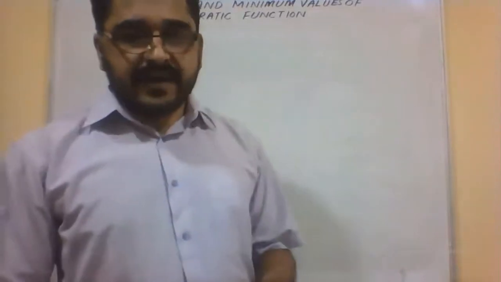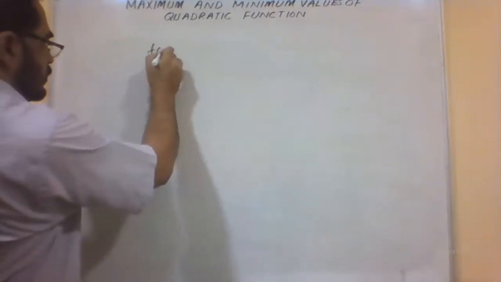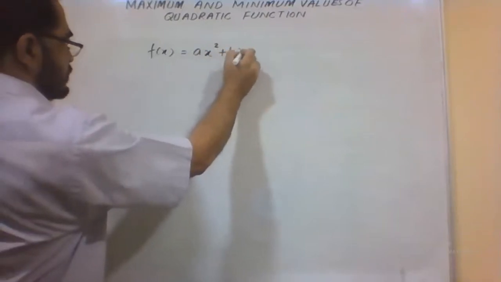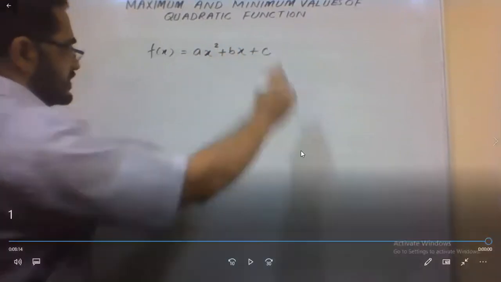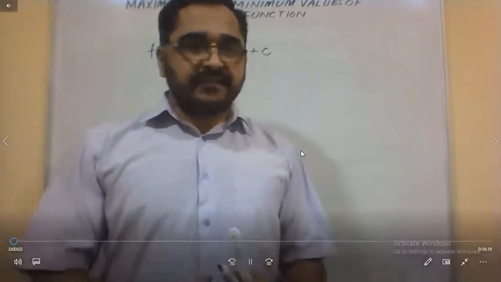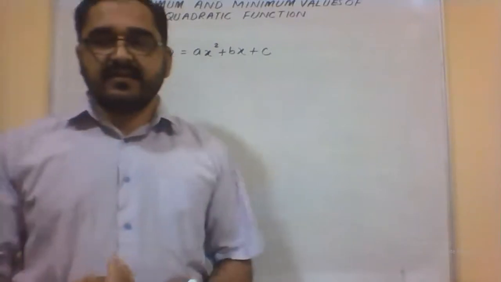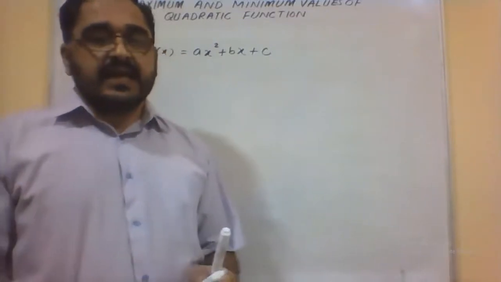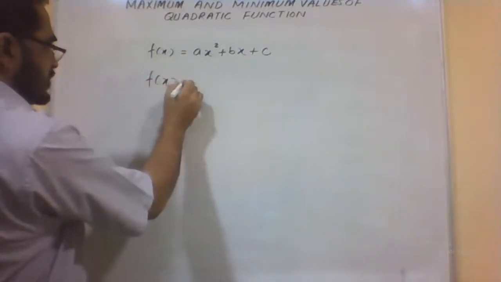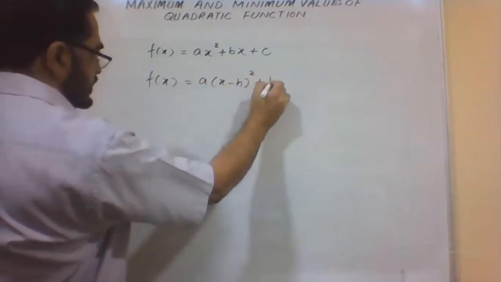For the quadratic function f of x is equal to ax squared plus bx plus c, written in the form f of x is equal to a into x minus h whole squared plus k.